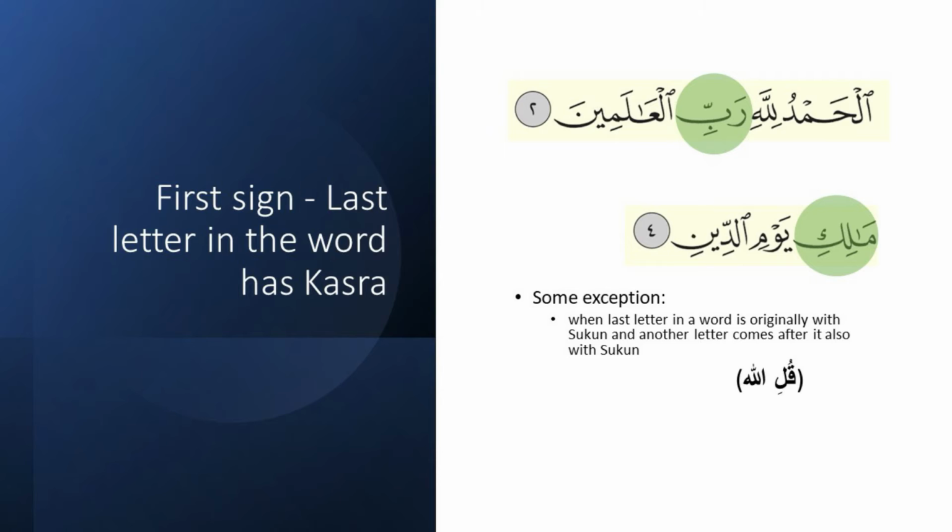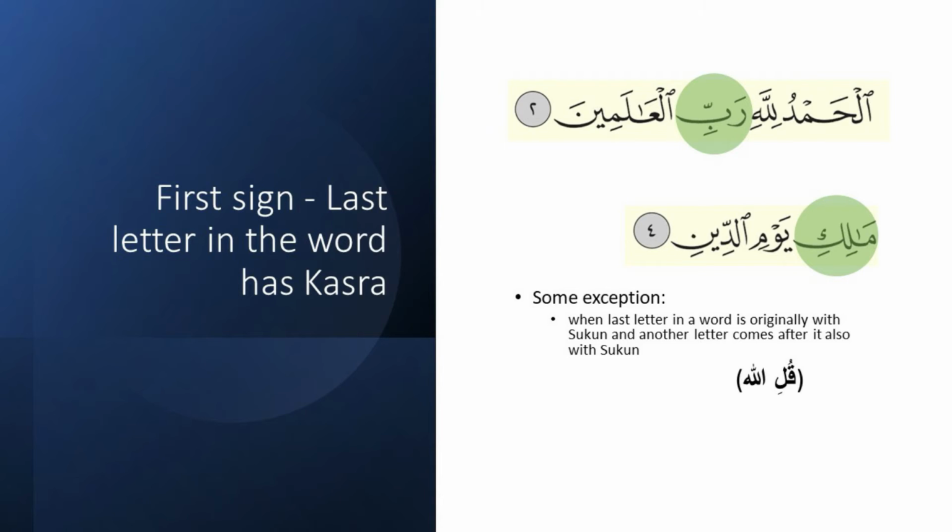That is because it's originally with sukun, but after it there is another letter that comes with sukun. And as you know from the last episode, when there are two letters with sukun, Arabs don't like that. So they tend to do something. Last time, if you remember, we talked about ihdina sirat and we said they dropped the alif there.